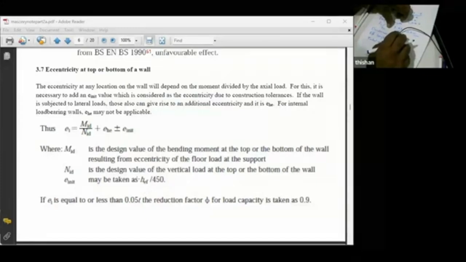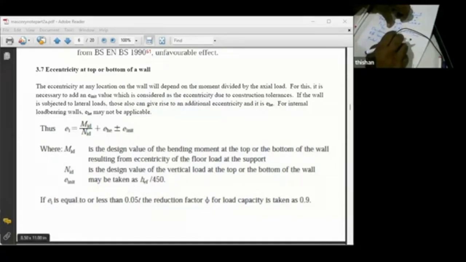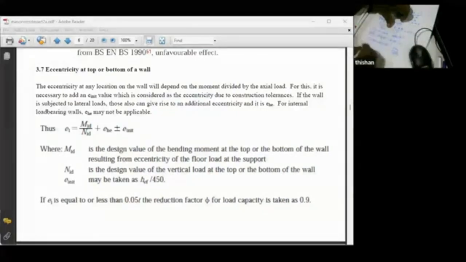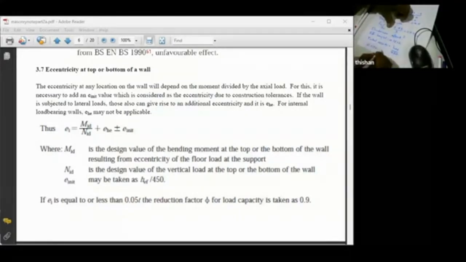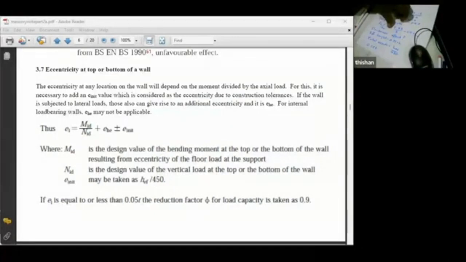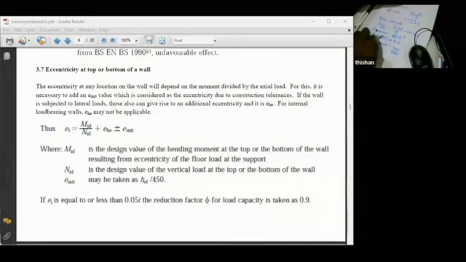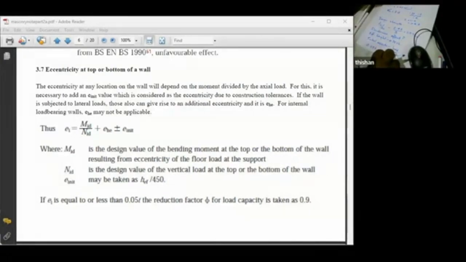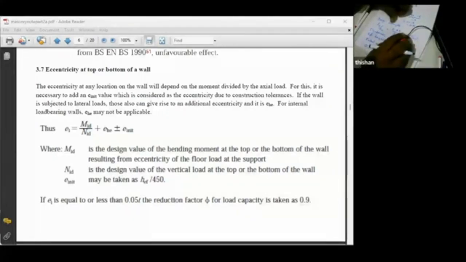So we allow a small eccentricity, but if it is less than or equal to 0.05 t, then it says the capacity reduction factor is taken as 0.9. Capacity reduction factor for the load capacity is taken as 0.9, but we have to see where we stand on that account. So we have that information.